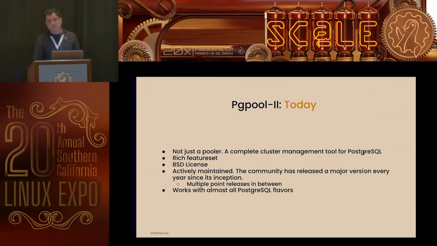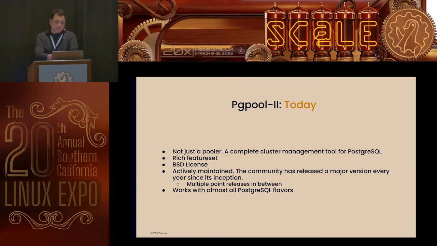And the community is very active, and it is actively maintained. Since its inception, Pgpool releases one major version every year, and there are multiple point releases between that. So it's not like a dead community. If you post a bug, somebody will pick it up very early. You get the answers in the mailing list. So the community is very active, and the project is going strong since day one.